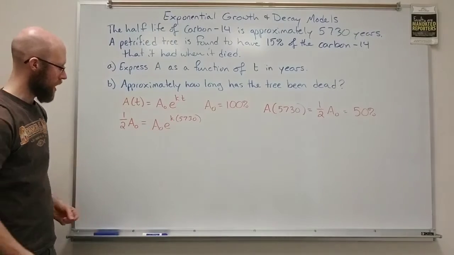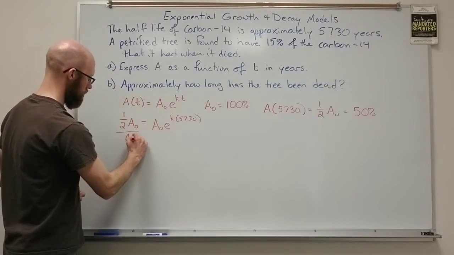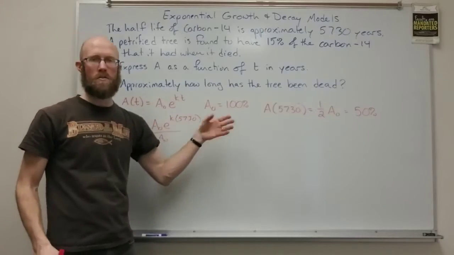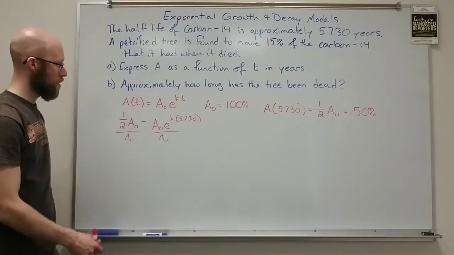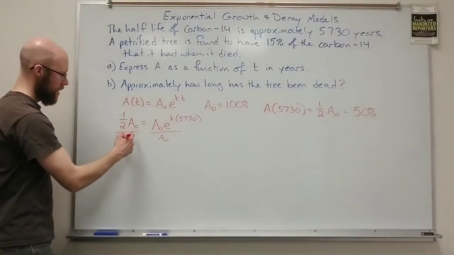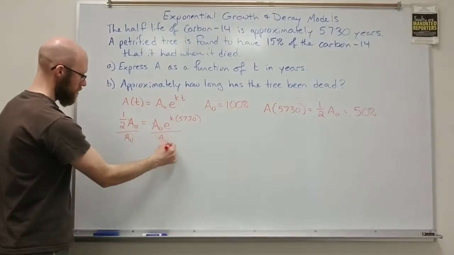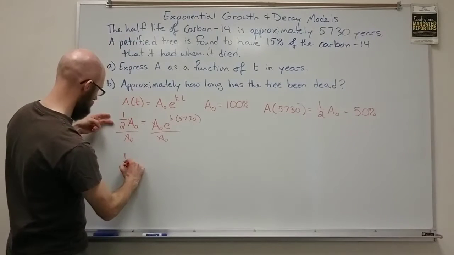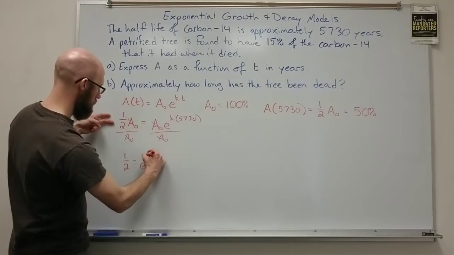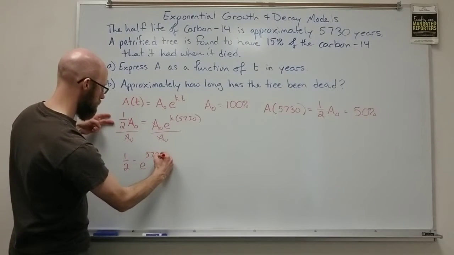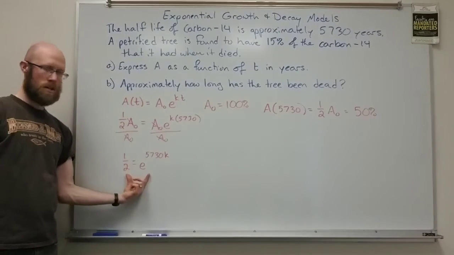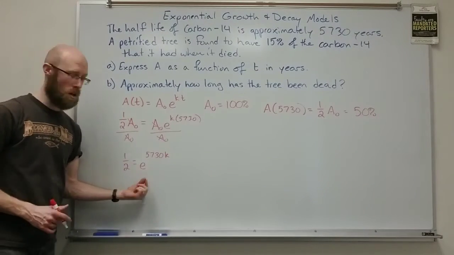Now to solve this for k, I could start by dividing out the A sub 0. Now in our example, that would be equivalent to just dividing out 100, but it won't matter what that value is. We divide that out on both sides, and I'm going to be left with 1/2 equals e to the 5730k power. To solve this, I'm going to convert it to natural log.